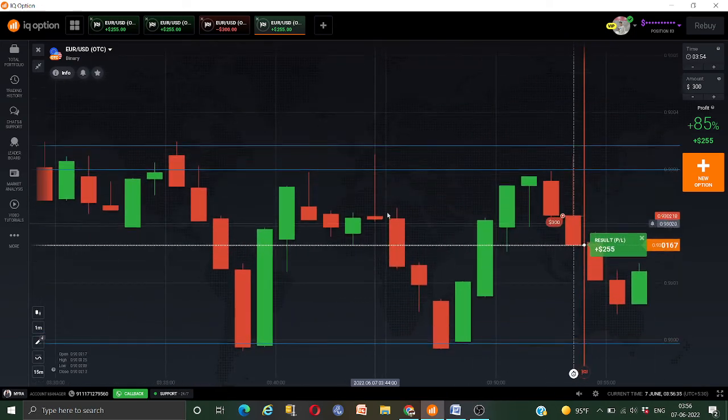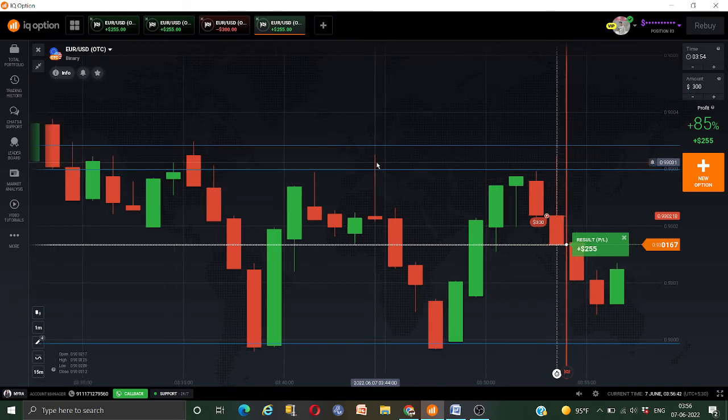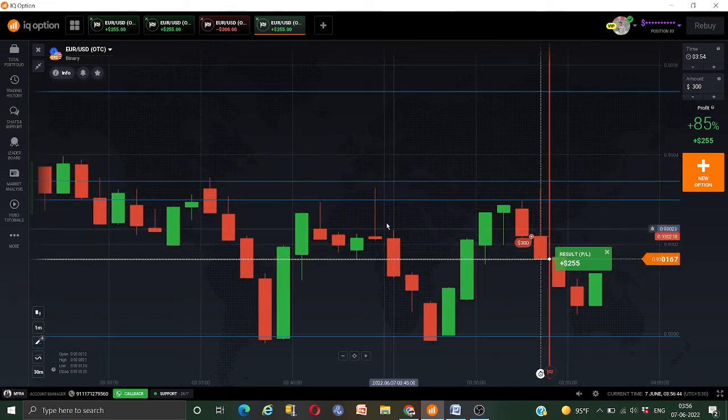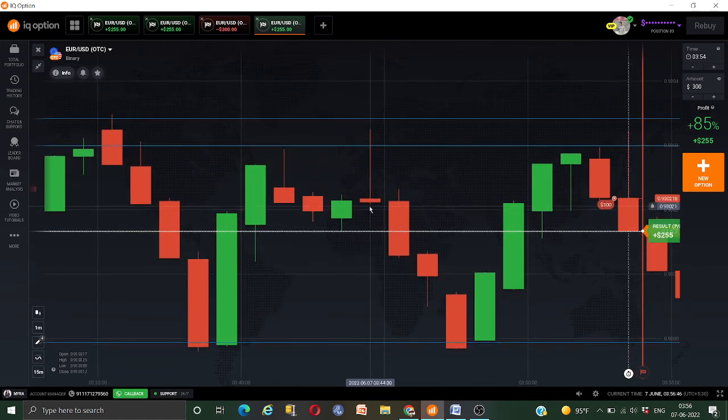If you got a rejection from this candle, place your trades at the resistance. At the resistance you can place your trades for 3 minutes or 4 minutes, and you are going to win.